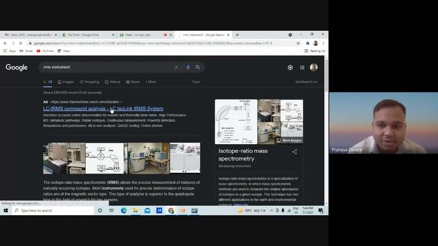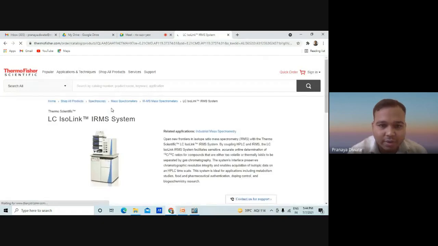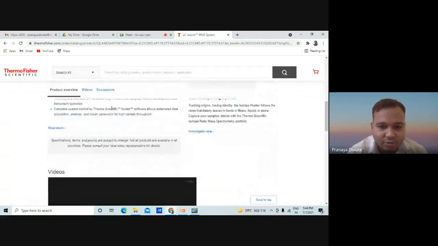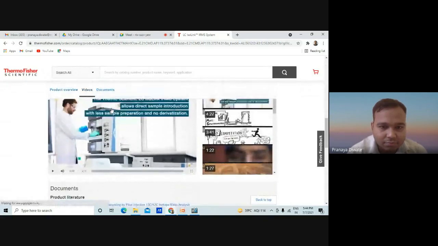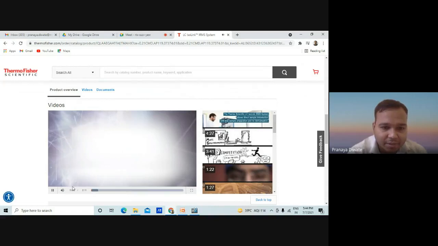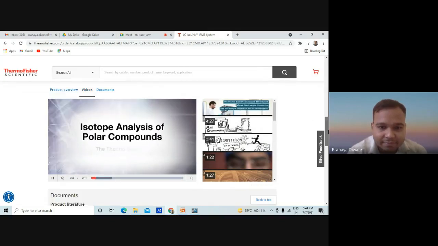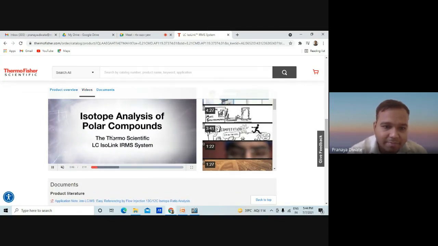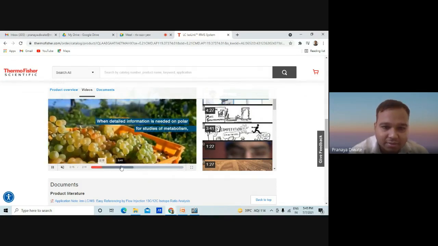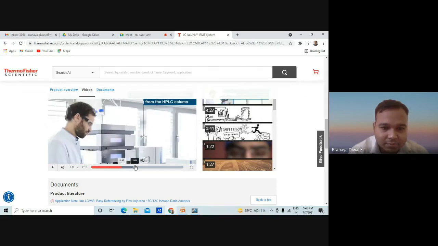This is the IRMS instrument, how it looks. You need to prepare a sample, and the sample can be processed for isotopic analysis using this IRMS instrument.